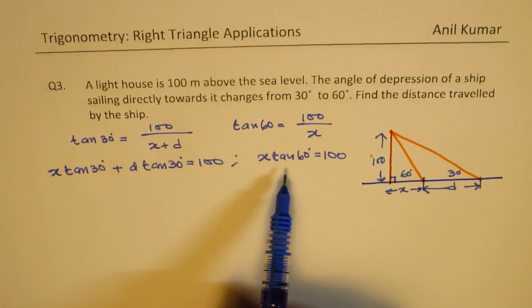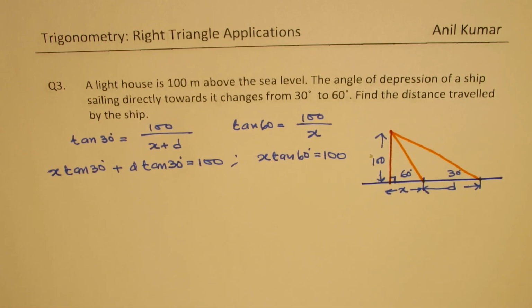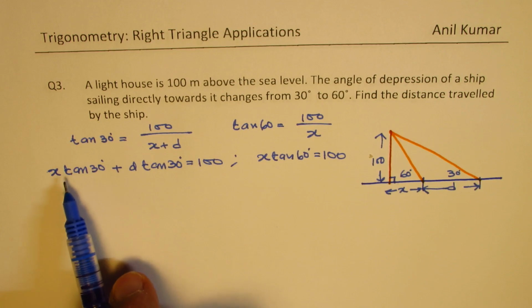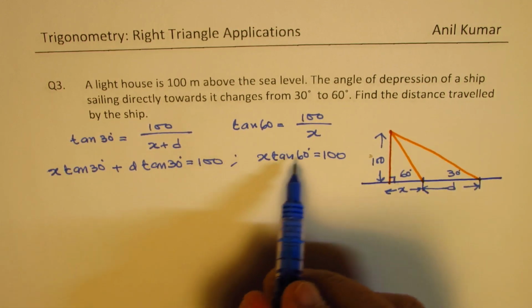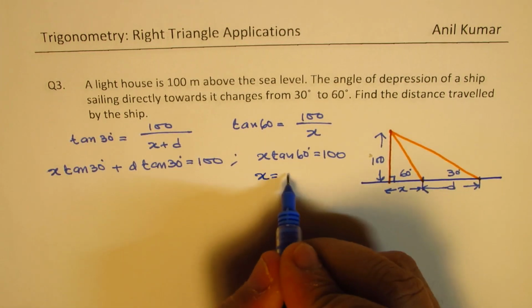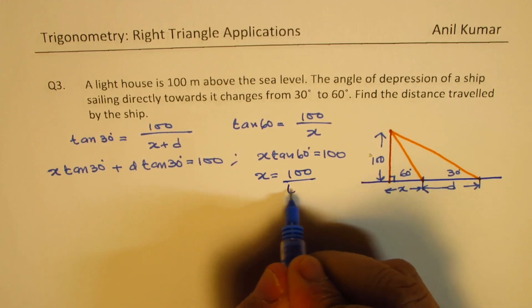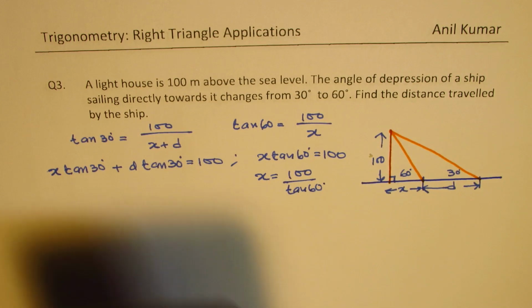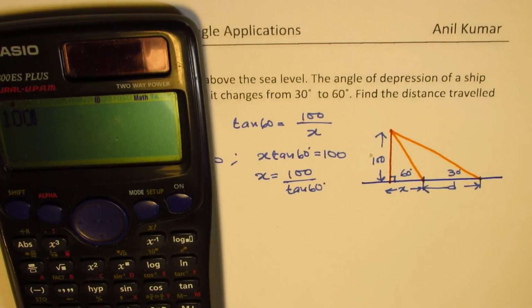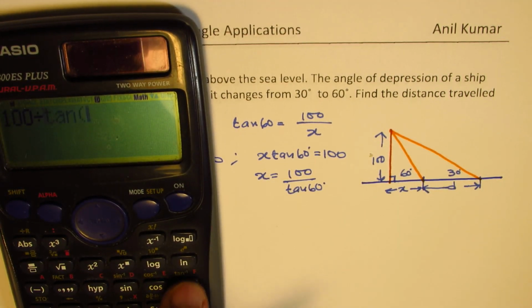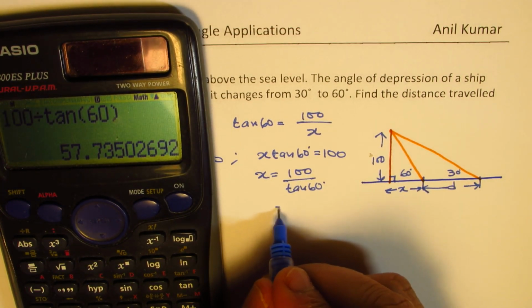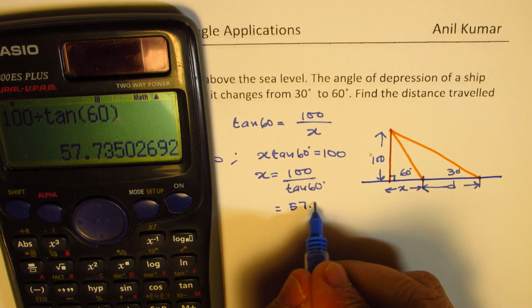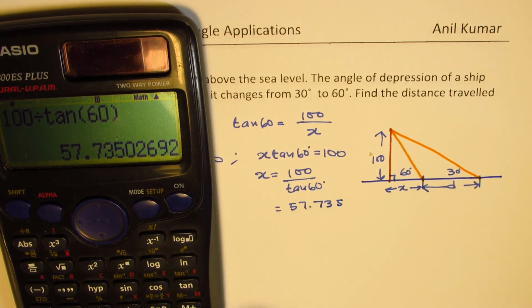So what we'll do here is we'll just substitute the value of x from here to this place, right? Let's calculate this value of x. So x is equal to 100 over tan of 60. Let's calculate this. 100 divided by tan of 60 degrees is equal to 57.735.